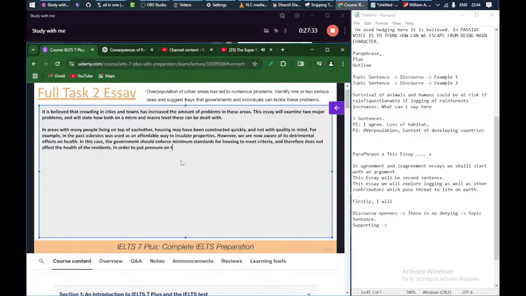Okay, so that's the issue of crime. What can people do? Policing, the government could enforce that.